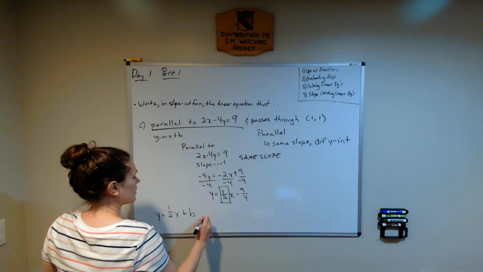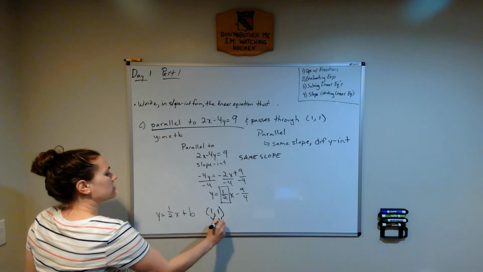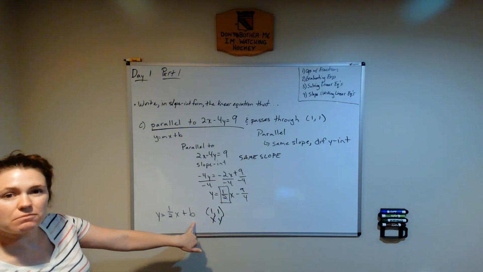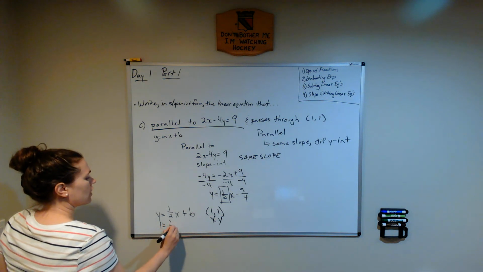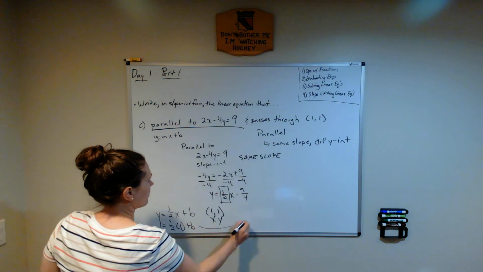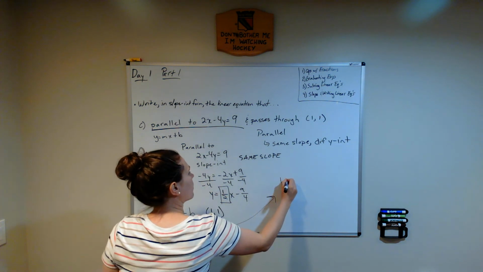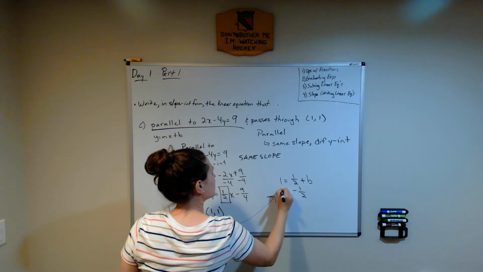So what we do is we plug in 1, 1 for x and y so that we can find what the correct b value is that would put us through this point. So 1 equals 1/2 times 1 plus b. Okay, so if I put that over here, it's going to be 1 equals 1/2 plus b. Subtract a half from both sides.